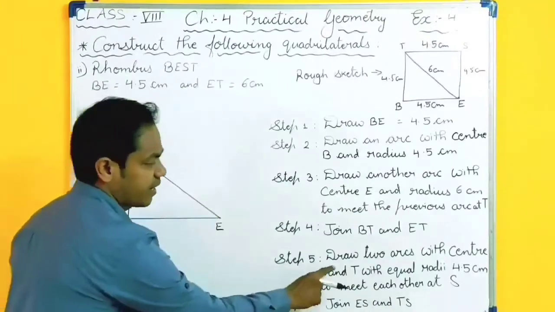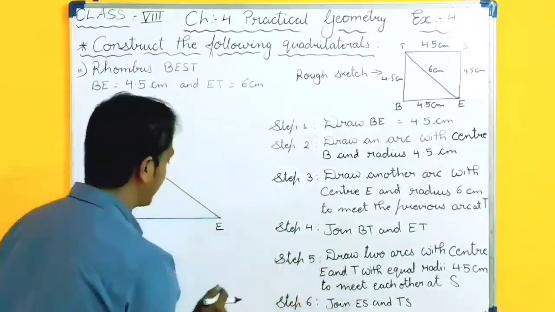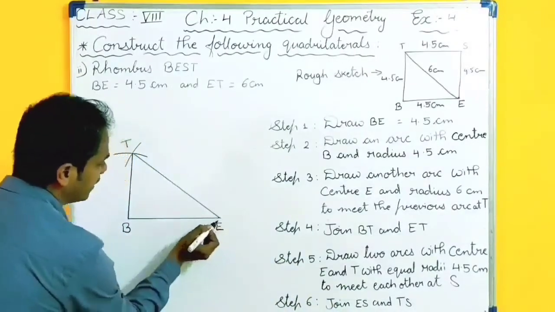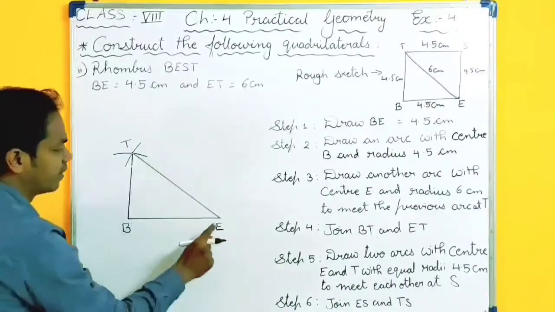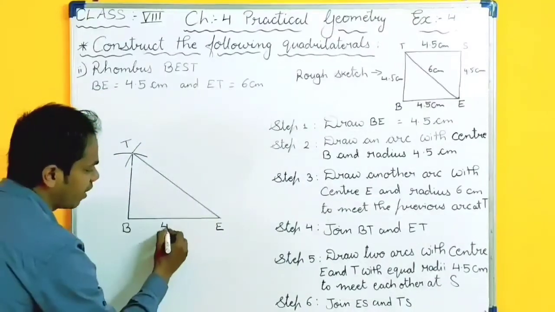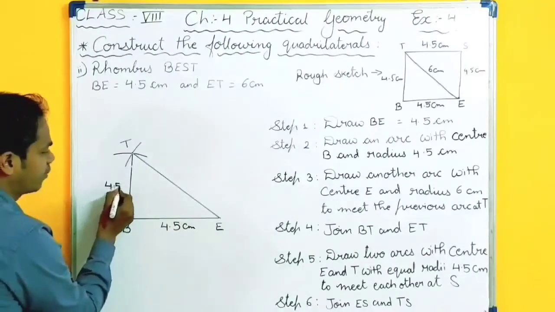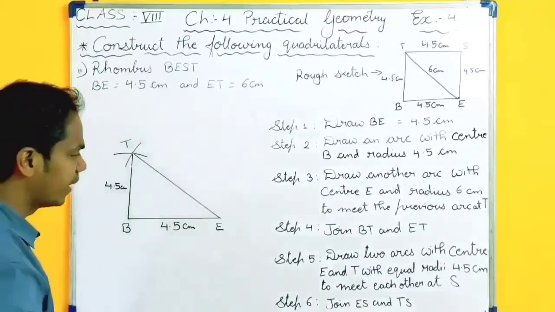Now next step, draw two arcs with center E and T. First your center is E and then T. From E and T you will cut an arc of 4.5 centimeter. Okay, because all the sides of your rhombus are equal.